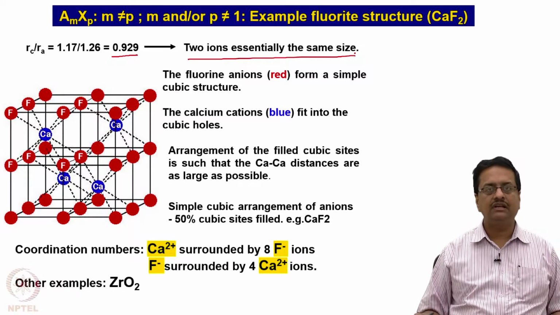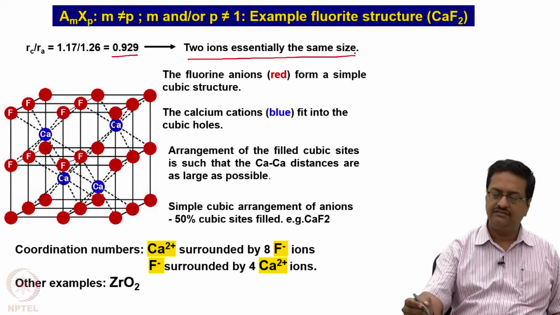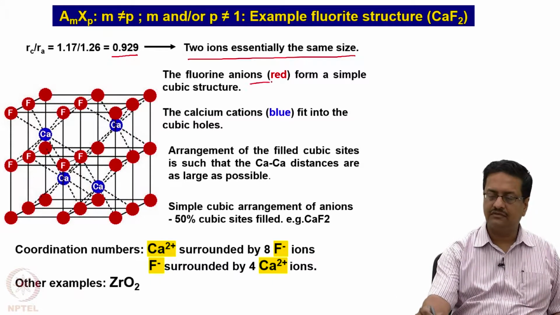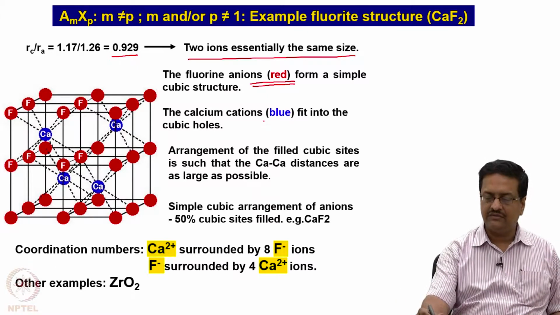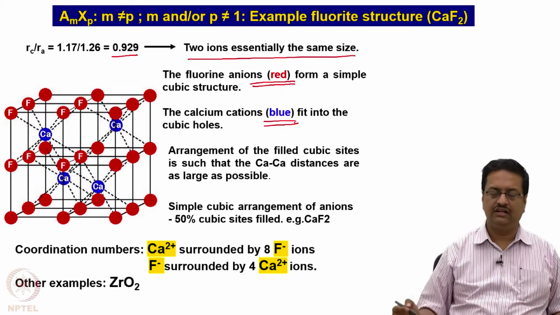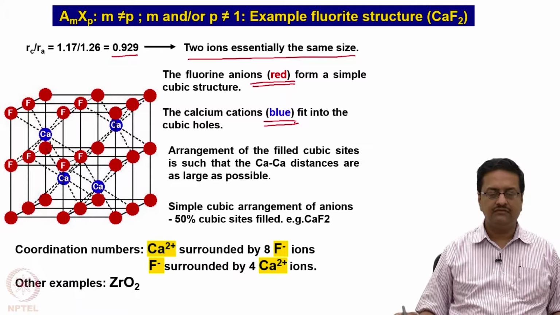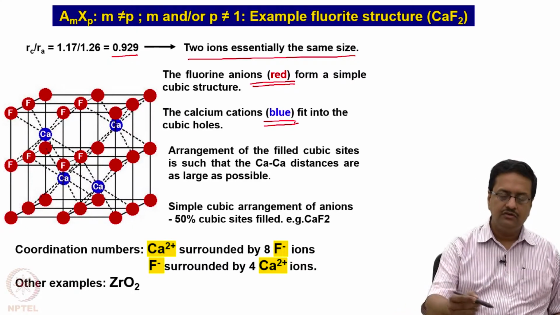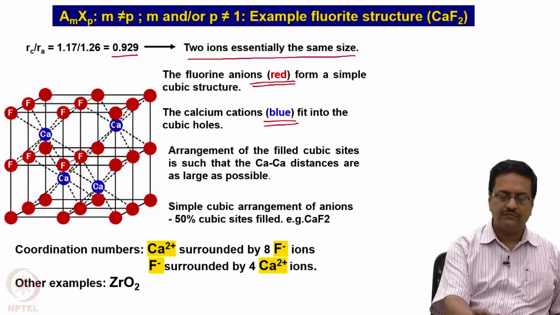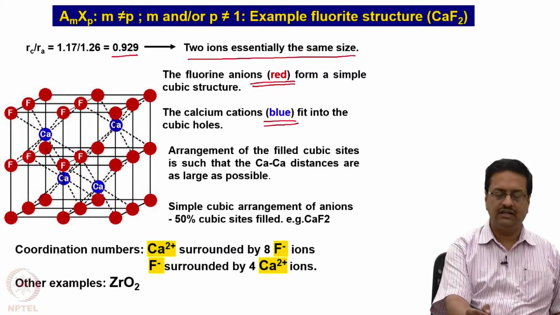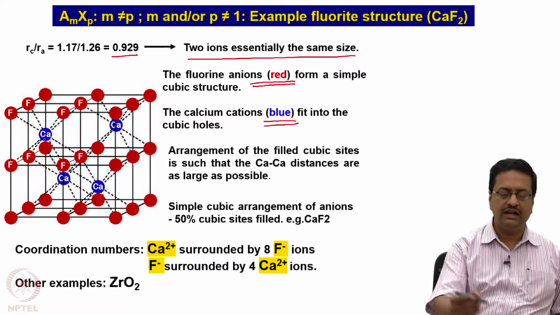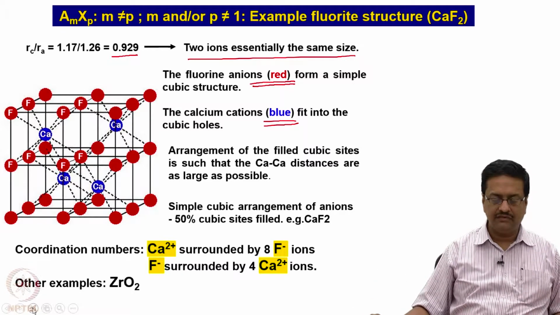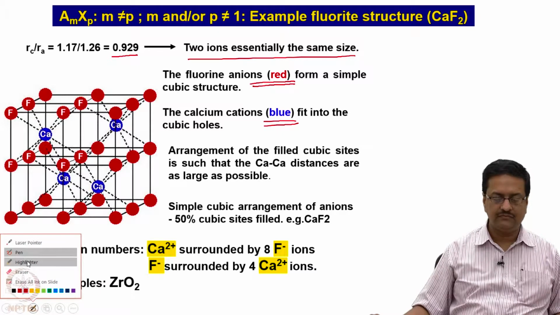So here what we have on the left hand side is that the fluoride anions are represented as red circles and the calcium cations are represented as blue circles, and we have a simple cubic lattice of fluoride ions, and at the center of that simple cubic lattice we have a calcium ion present.